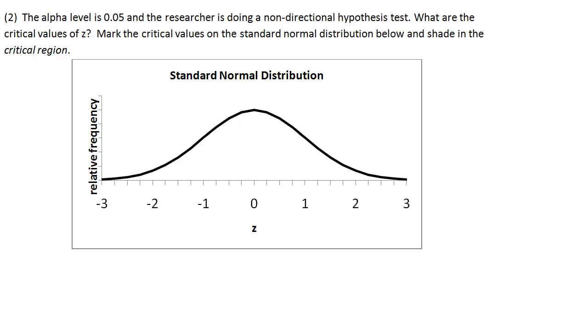Alpha level 0.05 for non-directional means the critical values of Z are here, 1.96, and here, minus 1.96.